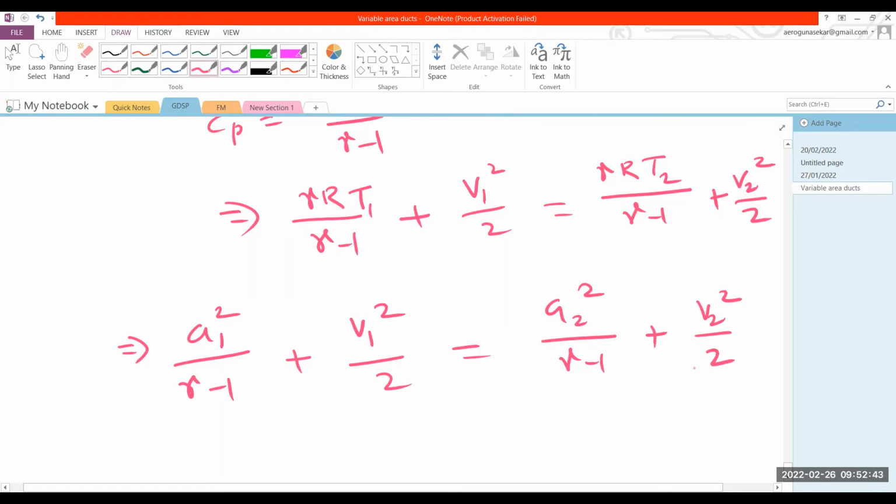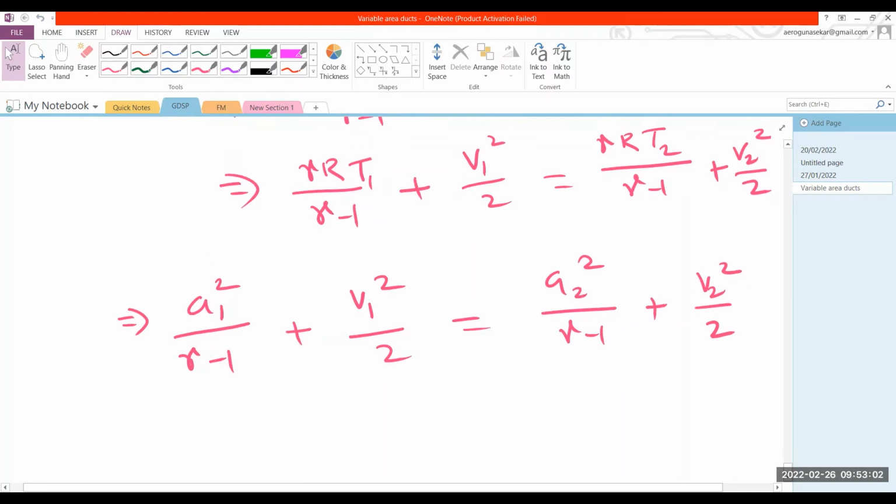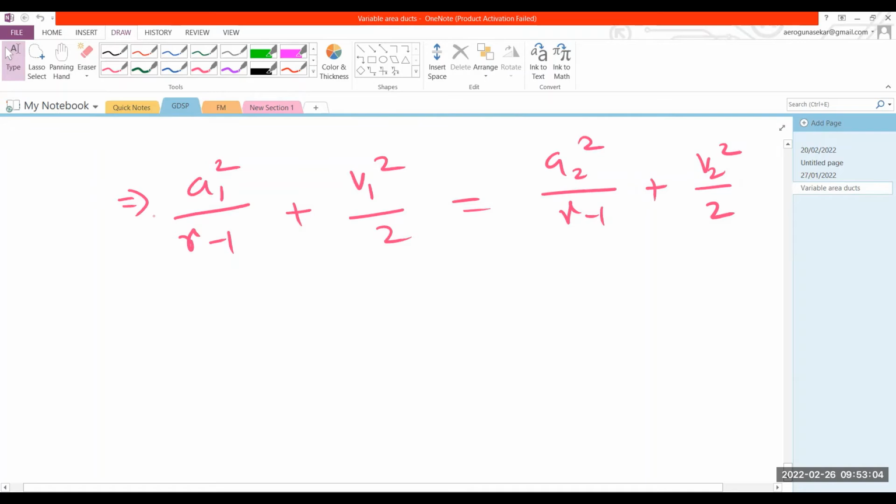Okay, so this equation we have to modify. Also we know that these equations can be related with the critical speed of sound.